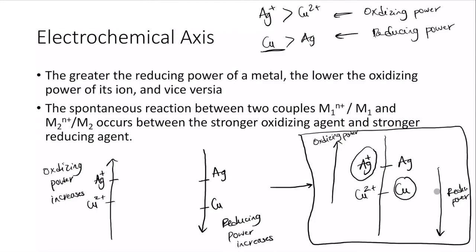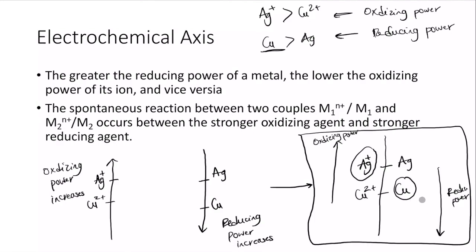So whenever we need to choose between two redox couples, the spontaneous reaction should occur between the stronger oxidizing agent, which is Ag+ in this case, because it's stronger than Cu2+, and the stronger reducing agent, which is Cu in this case.